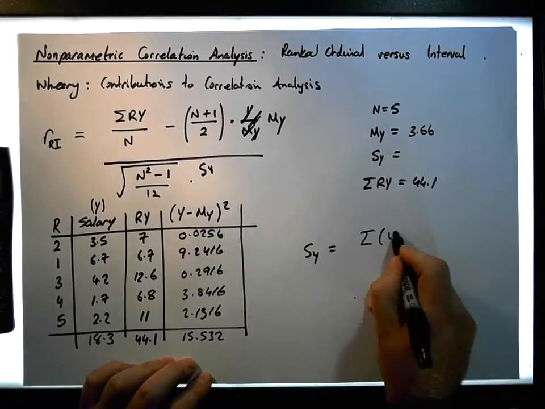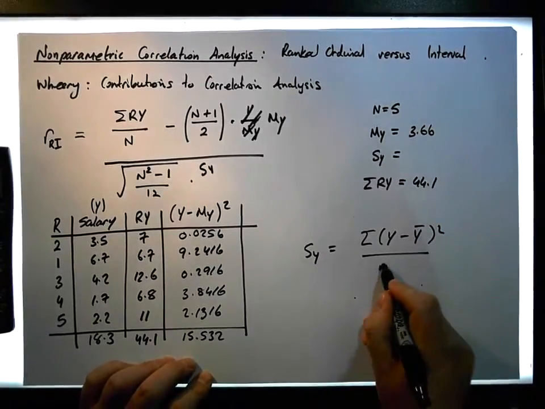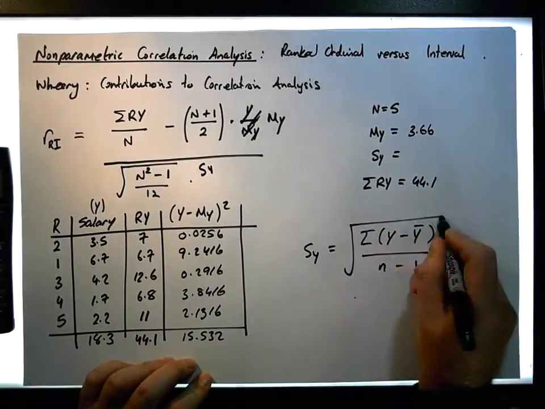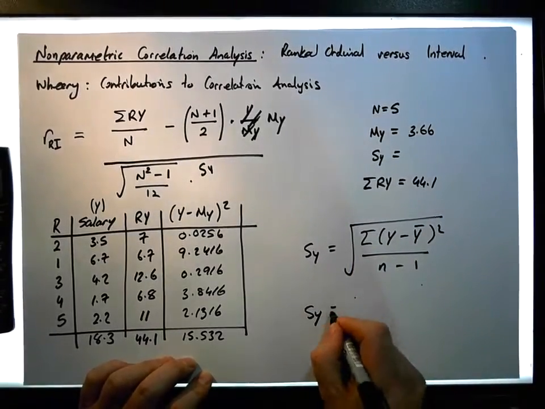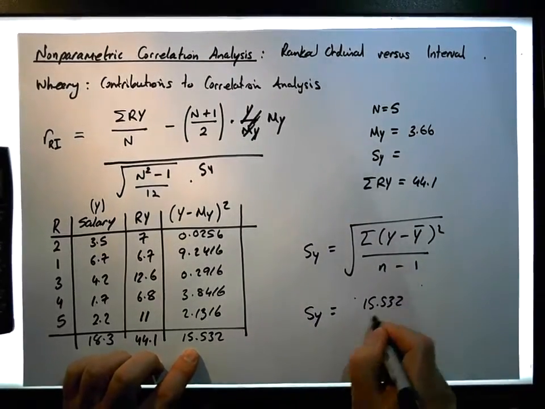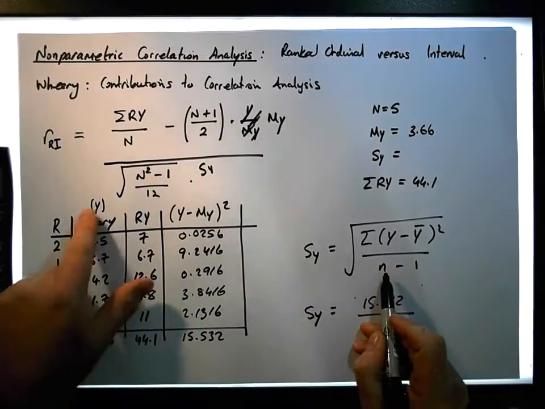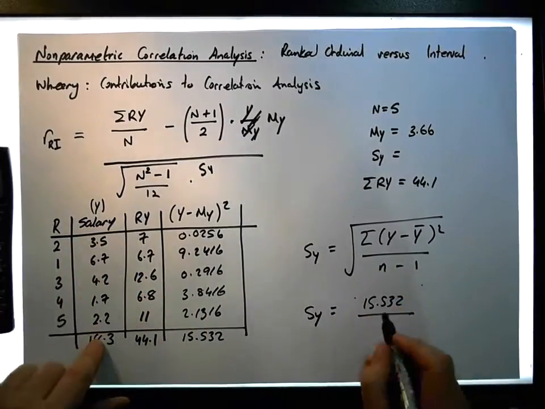And let's just keep in mind that the standard deviation, SY, is the square root of the sum of the observations away from their mean value squared, all over the sample size minus 1. So our SY is going to be equal to the square root of 15.532 divided by, where small n is the number of observations, 5 minus 1.